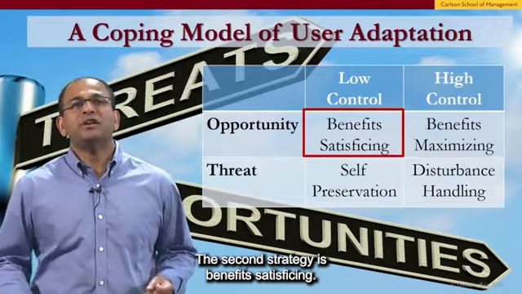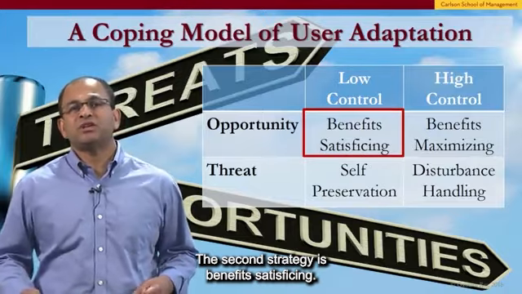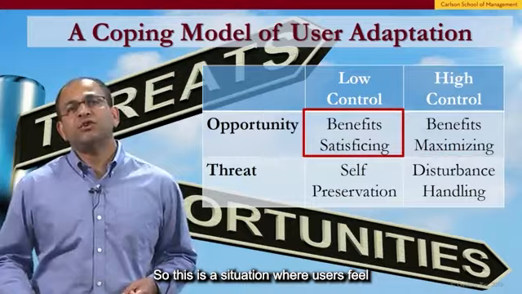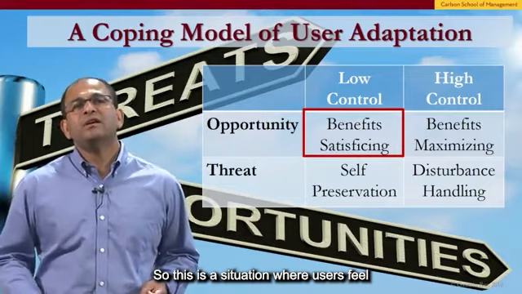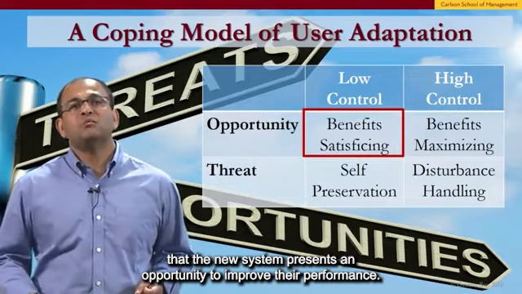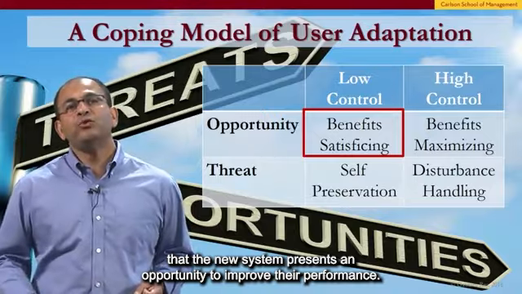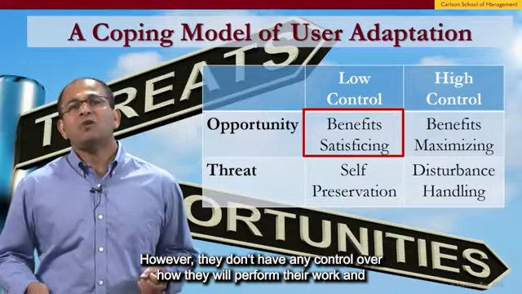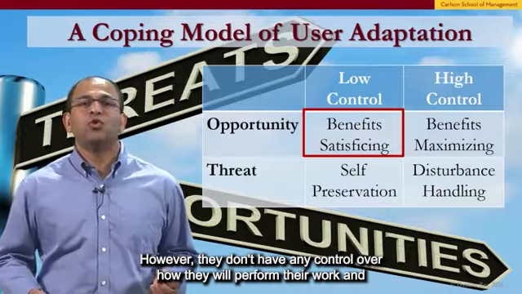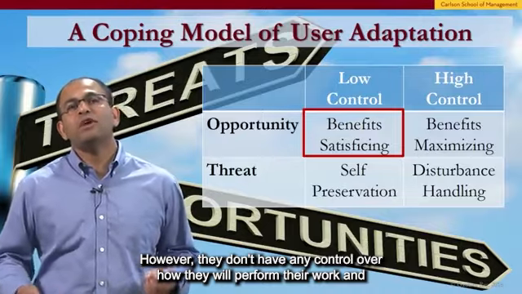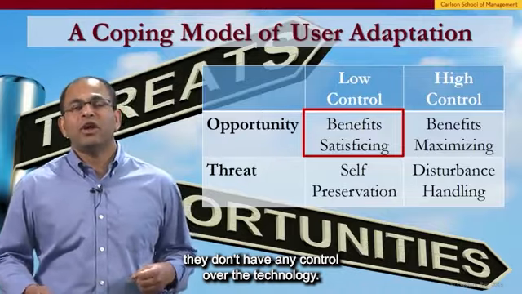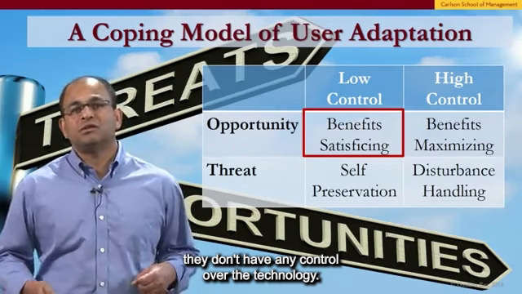The second strategy is benefits satisficing. So this is a situation where users feel that the new system presents an opportunity to improve their performance. However, they don't have any control over how they will perform their work, and they don't have any control over the technology.